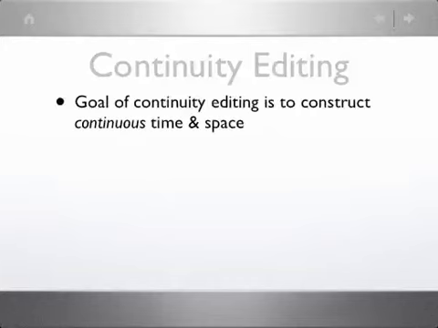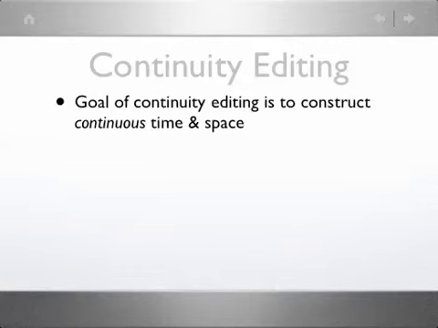There's one overall principle that labels the most common way in which shots are edited together in movies, in the American Hollywood cinema as well as most other types of cinema around the world, and that label is continuity editing. Continuity editing, sometimes referred to as the continuity system, and also sometimes as continuity style, has the goal of constructing a continuous sense of time and space.